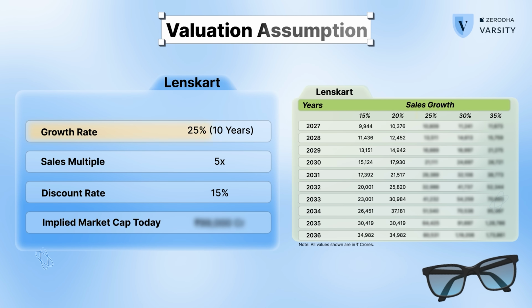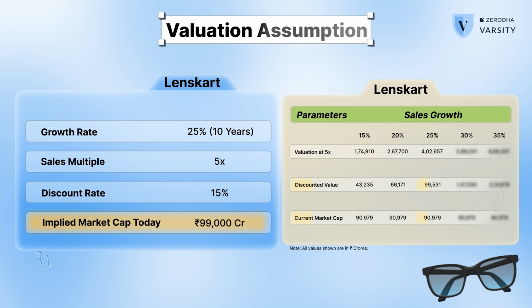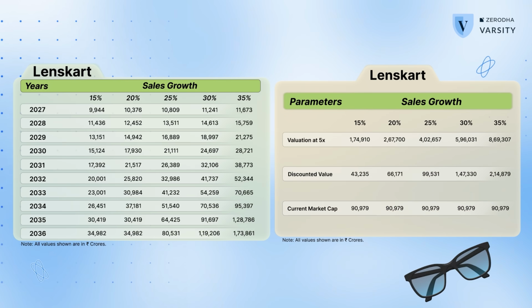What about 25%? At 25%, it is still slightly overvalued. But at 30%, it seems to be undervalued. What this exercise tells us is that if you're buying Lenskart today, then the market's expectation is that Lenskart will grow its sales anywhere between 25 to 30% year on year for the next 10 years.